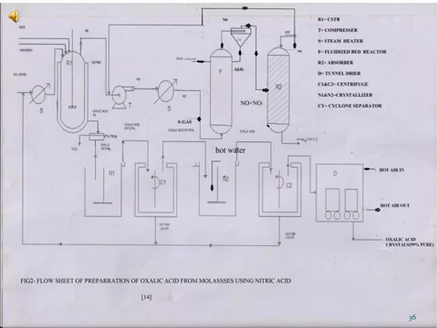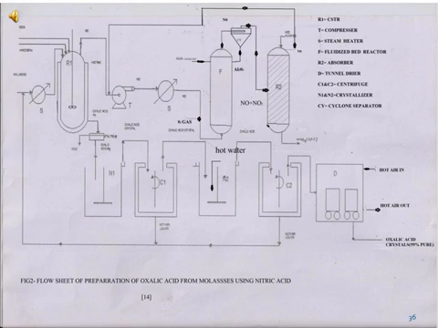Here you can see the flow sheet diagram of preparation of oxalic acid from molasses using nitric acid. In this diagram, we can start from the left side. At the upper part, you can see a cylinder or tank or reactor.